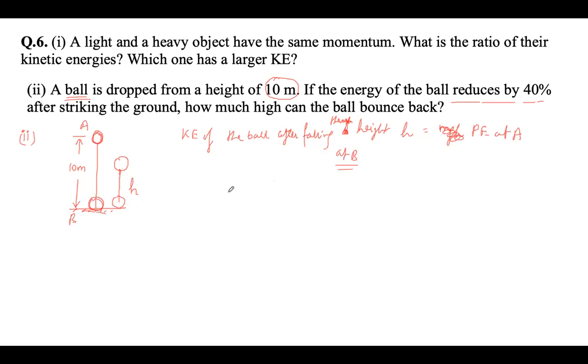Potential energy at A we know is equal to mgh, or mass m, g is 10 and h is 10. So this is 100 m.